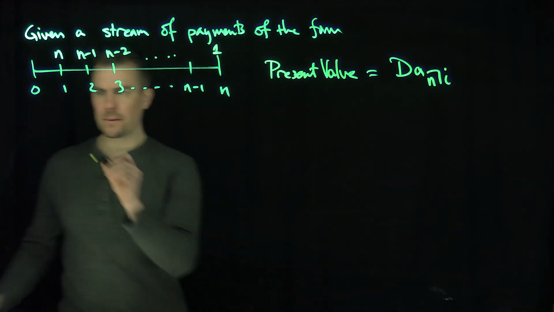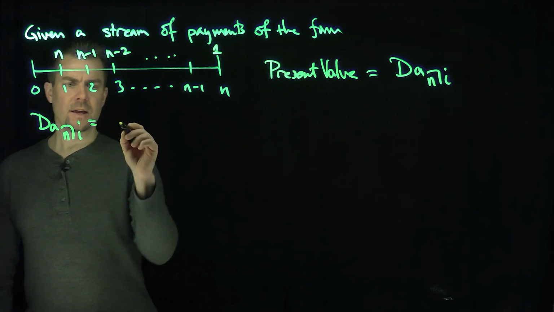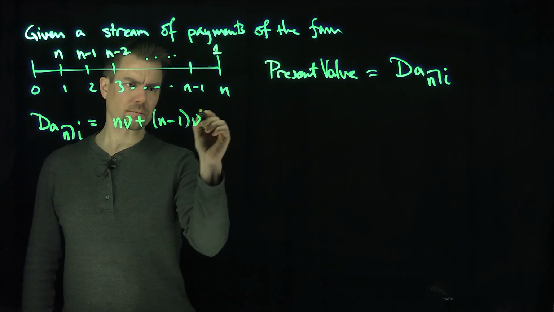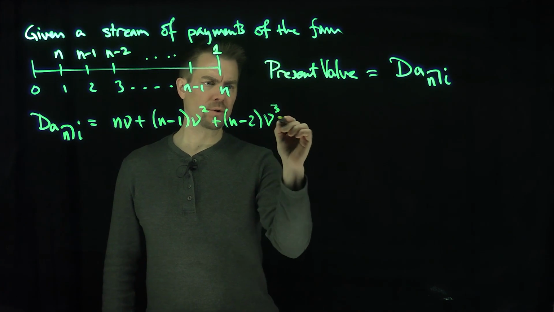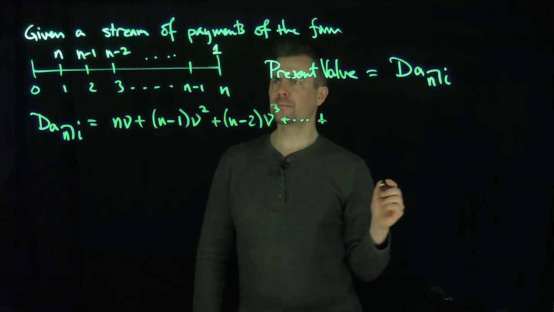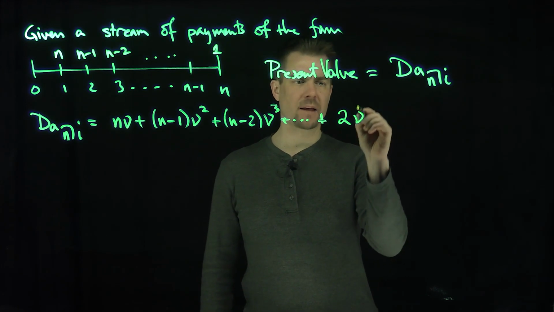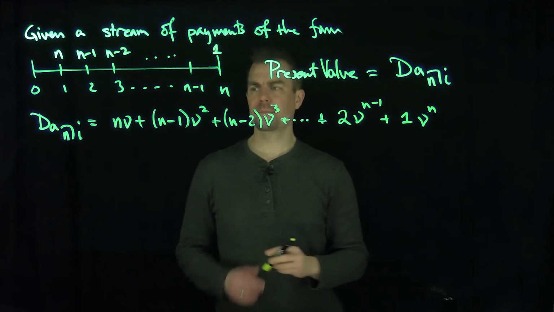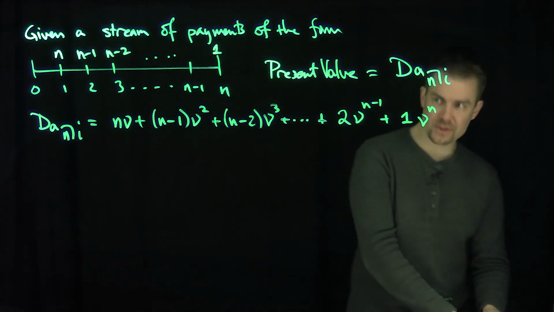(Da)_n is going to be n times nu plus (n minus 1) nu squared plus (n minus 2) nu cubed, all the way down to $2 at time n minus 1 and $1 at time n. That's our stream of payments, and I'd like to find a formula for this instead of just leaving it in this sum form.